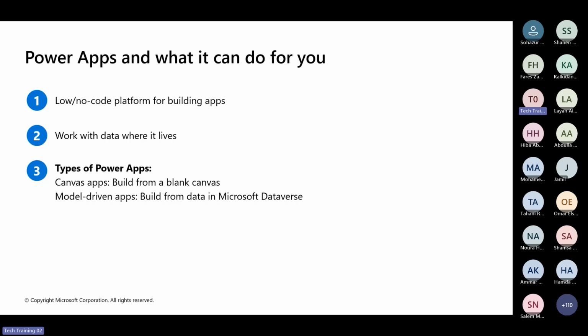So we have two types of Power Apps model. The first one is a Canvas app, and the second is a model-driven app. We will talk about it in detail. But if you see the second point, work with data where it lives. Yani, that means you can connect the app to the data wherever the data is.